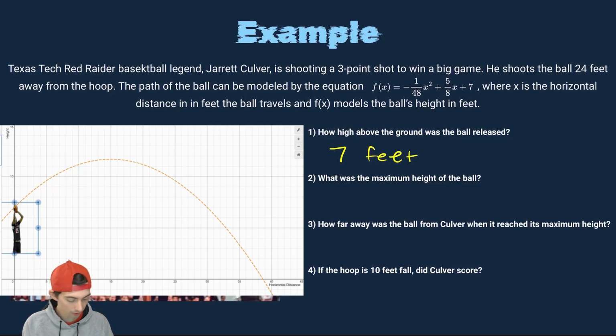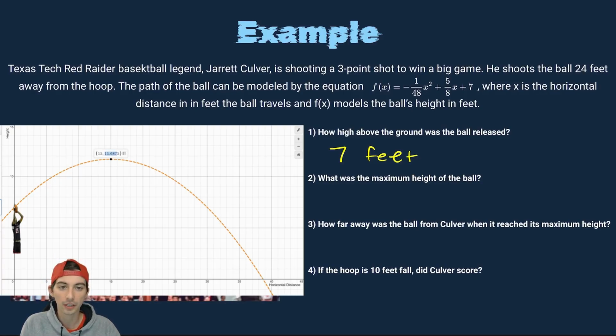Question 2 says we want to know the maximum height of the ball. So the maximum height is the highest point that we reach, right? And remember, our vertex is always the highest or the lowest point. This parabola, and a lot of these application problems, are going to have parabolas that are opening downward. So I can click on the vertex and I can find my x and my y values.